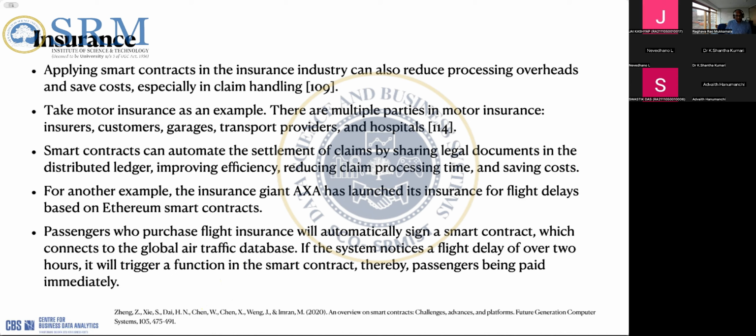Now let us take an example of this, which is a pretty good example. Let's say you are a passenger buying a flight ticket, you are traveling on the flight, and you bought insurance. Let's say your flight got delayed by 5 hours, and you need to claim from the insurance provider.